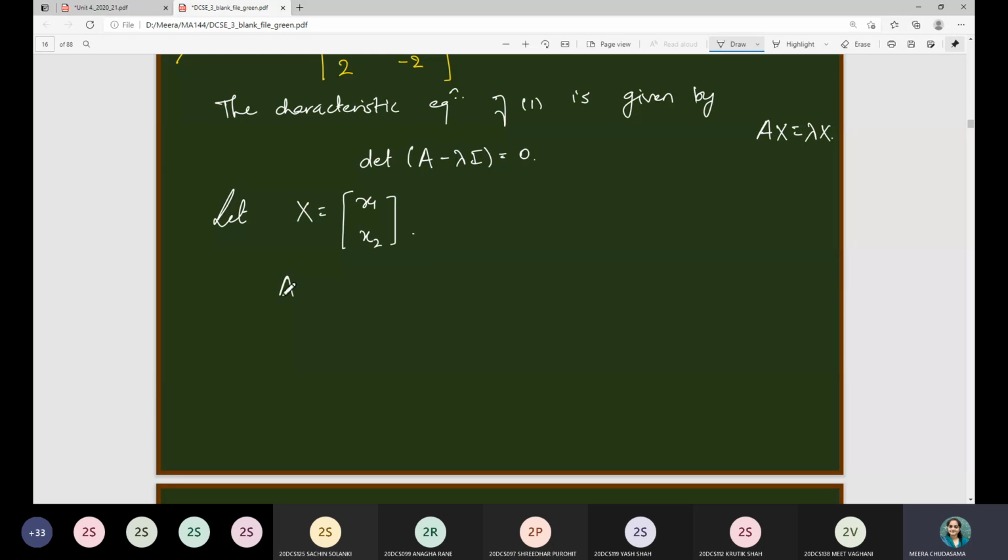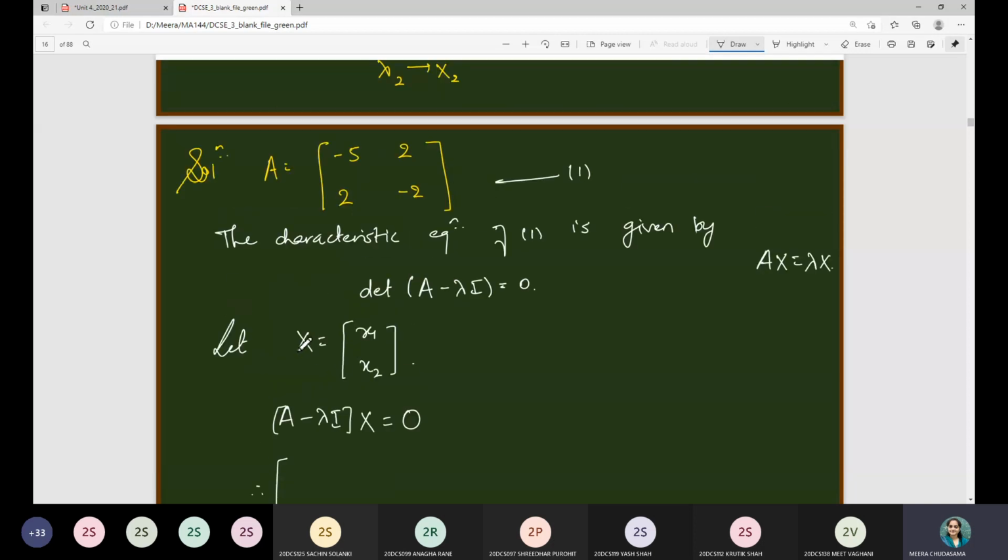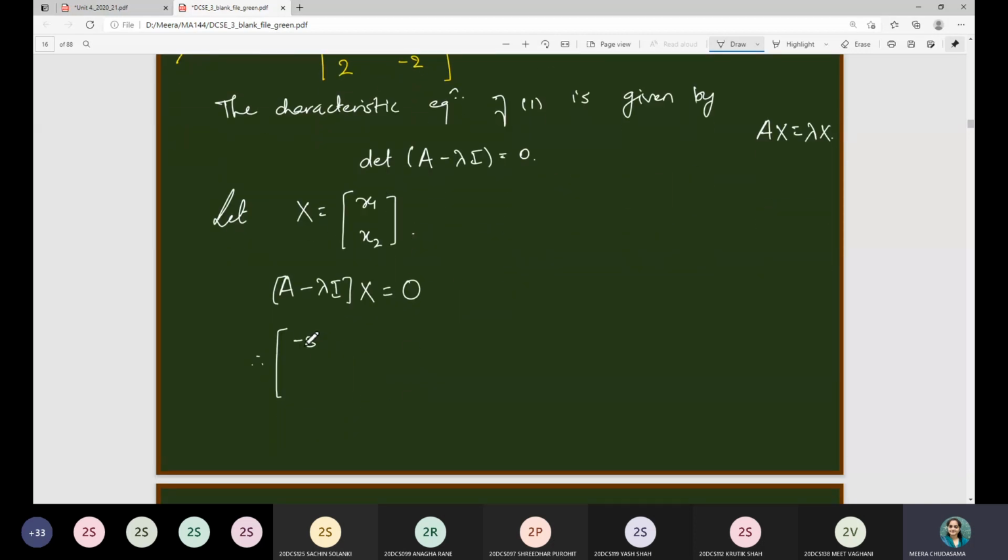So in that case I can write A minus lambda I times X is equal to 0. Let us find out. A is the given matrix, -5, 2, 2, -2, minus lambda into the identity matrix 1, 0, 0, 1.